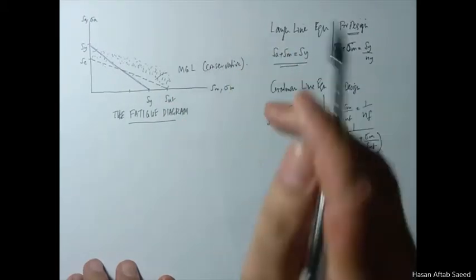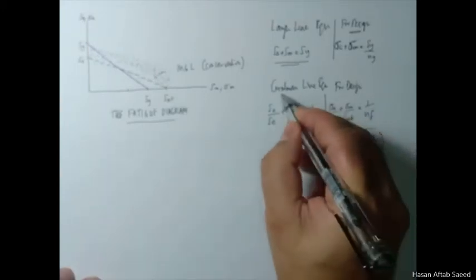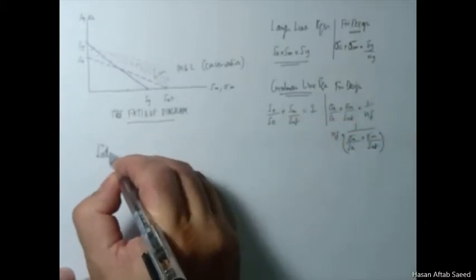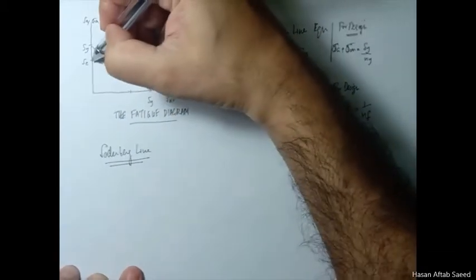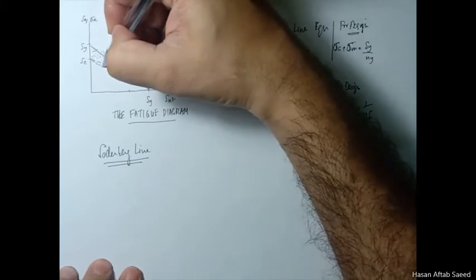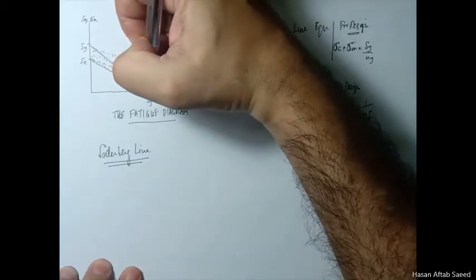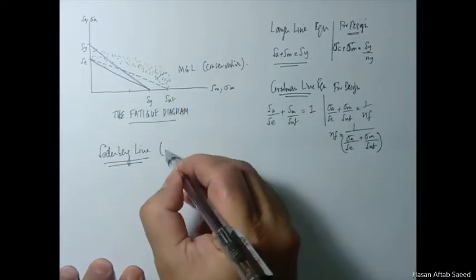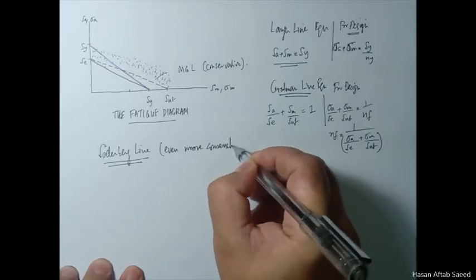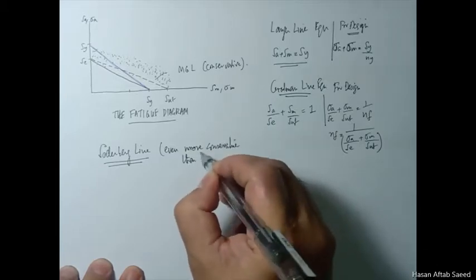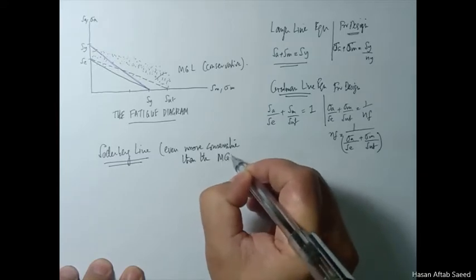Now this is not the only line used in design. For example, there's another line which is called the Soderberg line. This was the Goodman line, and this is the Soderberg line, which joins the endurance limit with the yield strength SY. Now this is even more conservative than the modified Goodman line.